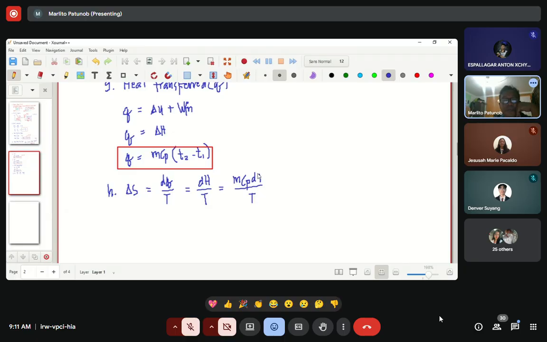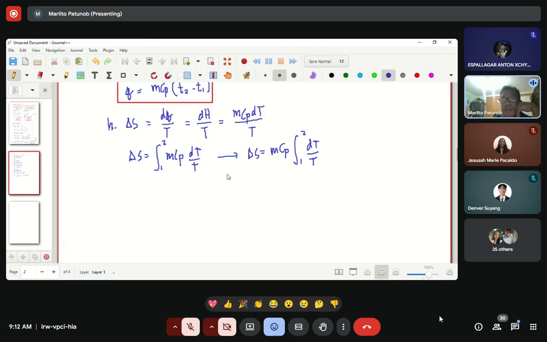If you integrate from 1 to 2, that is m Cp dT over T. Since mass is constant and Cp is constant, delta S is m Cp times the integral from 1 to 2 of dT over T. The integration of dT over T becomes ln.